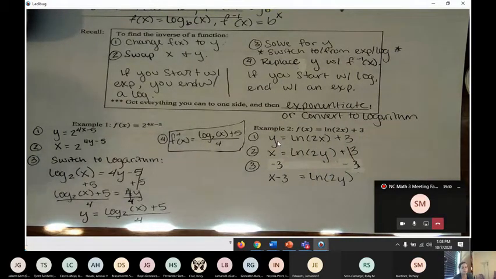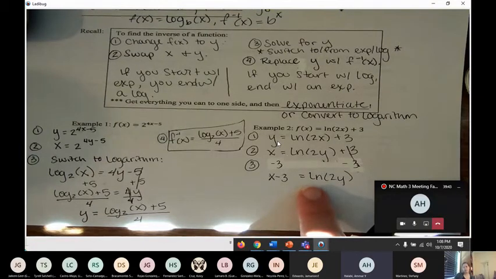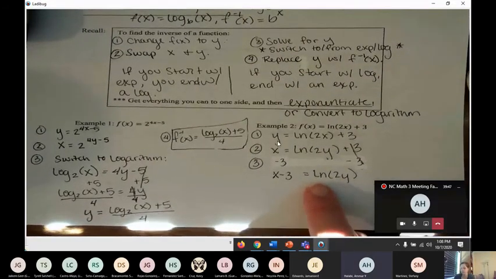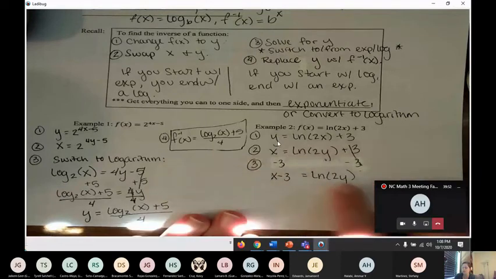Okay, Amar. Yes. Okay, what's the base of this logarithm? Can you repeat again? Yes, what's the base of this logarithm? Log. That's what the logarithm is, but what's the base for this?